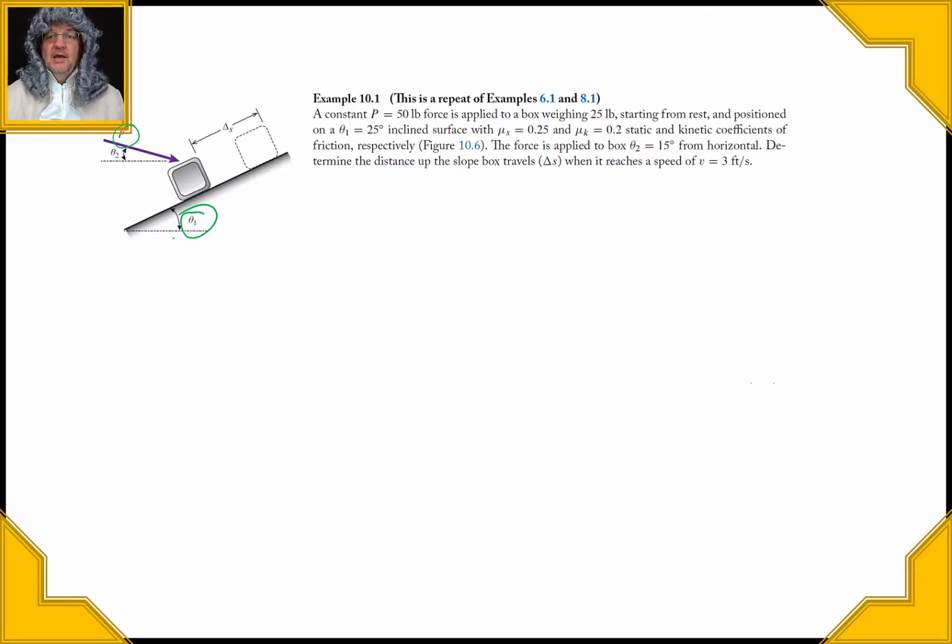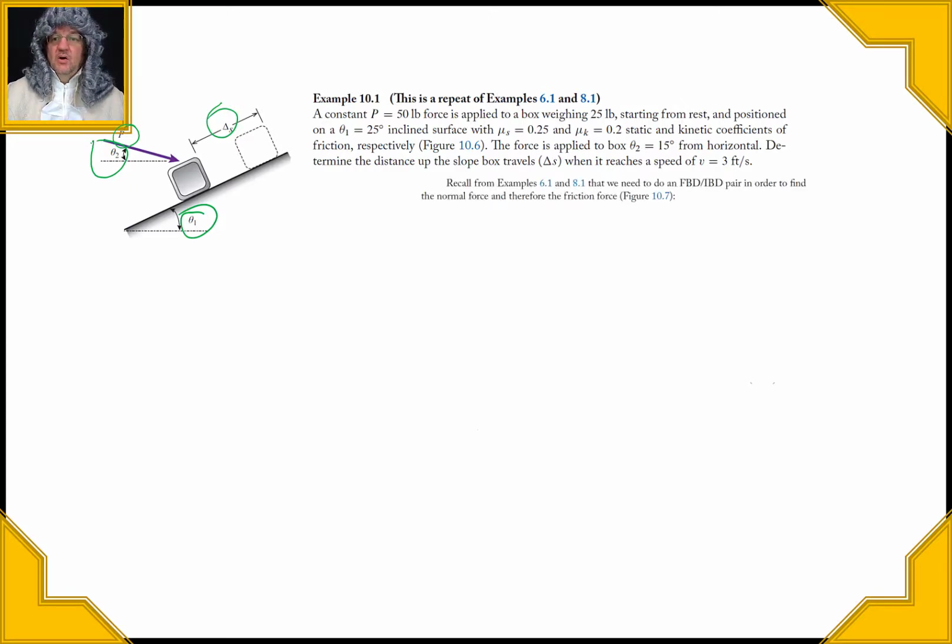All right. And then we have a coefficient of kinetic friction of 0.2. And the force that's being applied is located 15 degrees from horizontal. And we want to determine the distance up the slope that it's going to go when it reaches 3 feet per second.